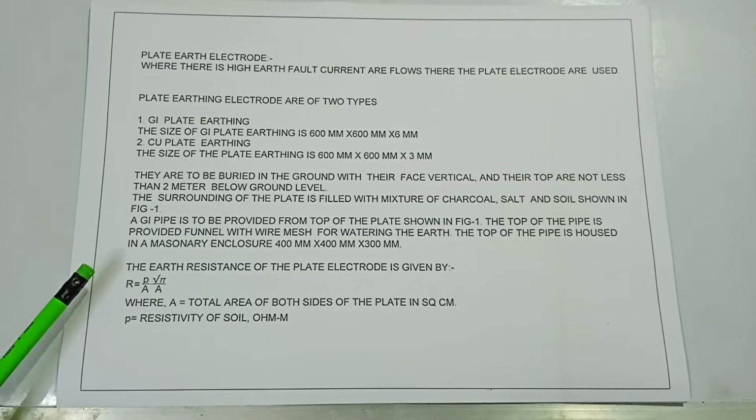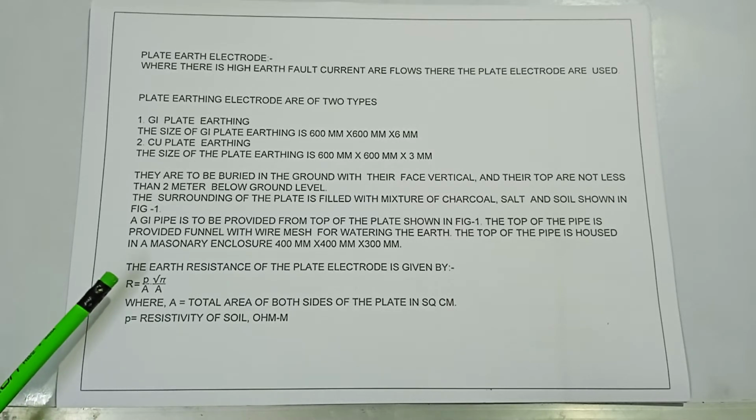The earth resistance of the plate electrode is given by R is equal to rho by A into root pi by A, where A is the total area of both sides of the plate in square centimeter, and rho is the resistivity of soil in ohm meter.